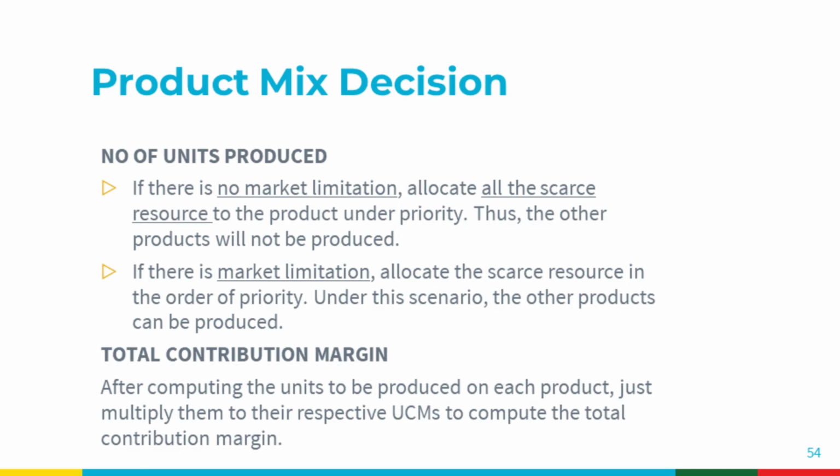Next, for the total contribution margin, after computing the units to be produced on each product, just multiply them to their respective unit contribution margins to compute the total contribution margin. Okay, so that's another formula to consider when trying to identify how much is the total contribution margin.